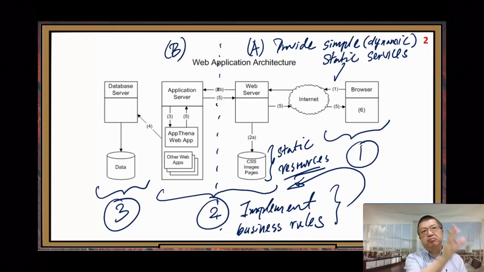So the request is sent to layer B to get that kind of expensive business services. Usually those services take a lot of money and consume a lot of resources.